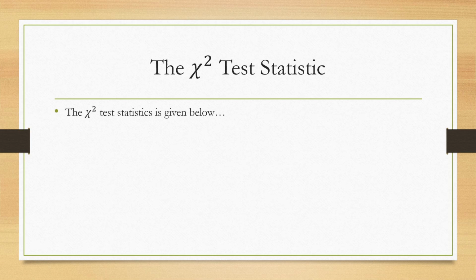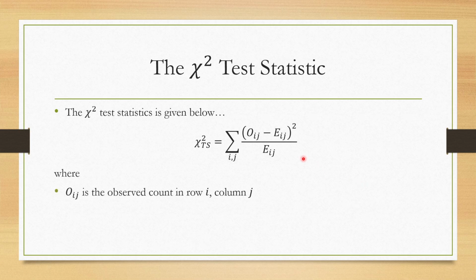So the chi-squared test statistic is given in this equation: the test statistic is equal to the sum over all of the rows and all of the columns of the observation in a particular cell minus the expected value in that cell, squared, divided by the expected value in that cell. When you see ij, remember that ij is related to the location of the cell.